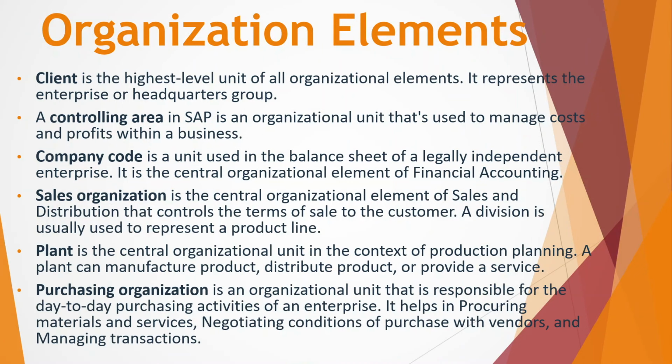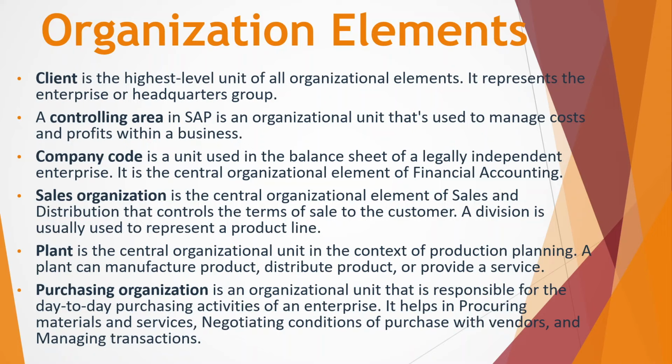Before we go further, first let us understand, in the previous slide I was talking about org elements, org units, org components. Let us understand some of them. It is not the entire list, but some of the important ones I have noted down for your general understanding.